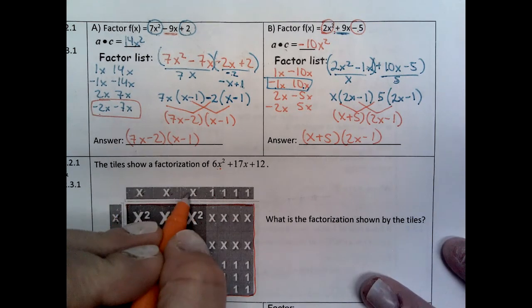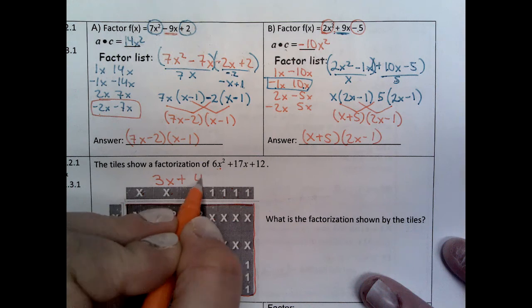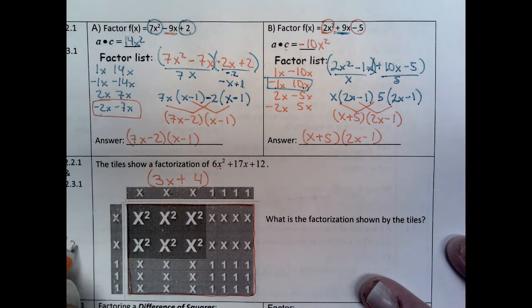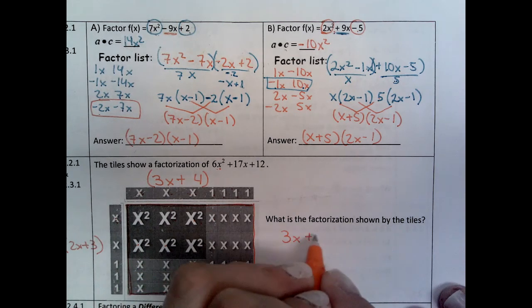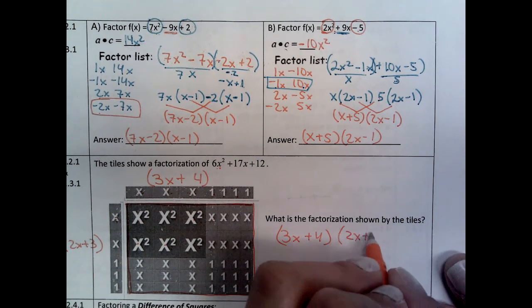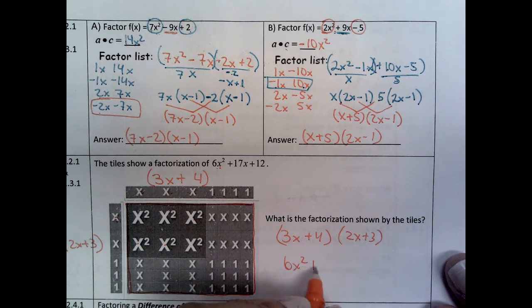If I look at this, this side is 3x plus 4, and this side has 2x plus 3. If I take those and FOIL them together, I would get 6x squared plus 17x plus 12.